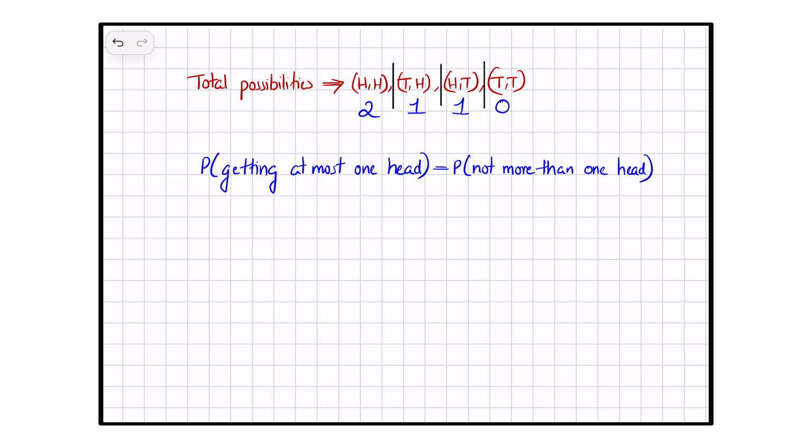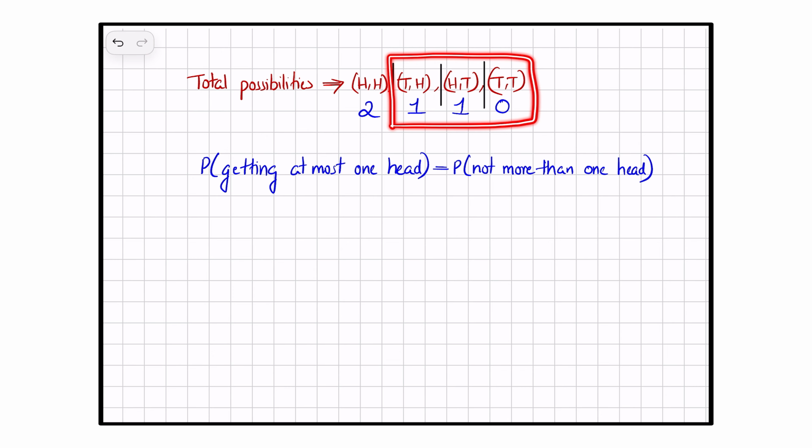Now in this problem we are asked the probability of getting at most 1 head. What it means is that we have to find the probability of not more than 1 head. So I can have 0 heads or 1 head but nothing more than 1. What are the possible outcomes? Only these 3 are the possible outcomes where I will get at most 1 head.